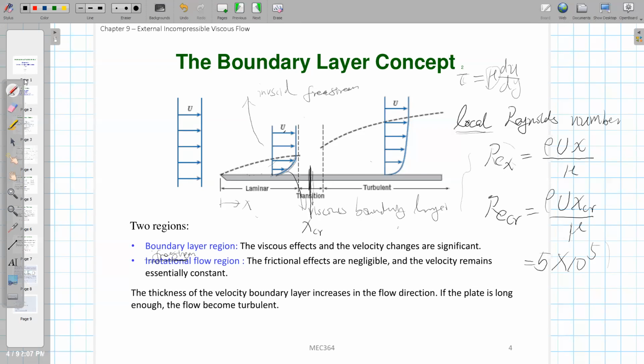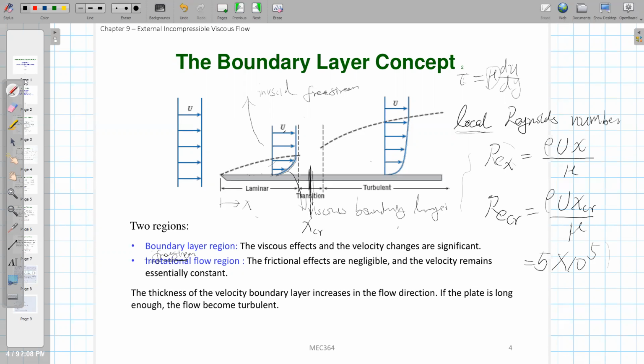So here I tried to give you what the fundamental flow structure looks like for the flow over a flat plate. Let's summarize two things. First, the flow will be separated into two regions by the boundary layer. Inside the boundary layer is the viscous flow region, and outside the boundary layer is inviscid flow.